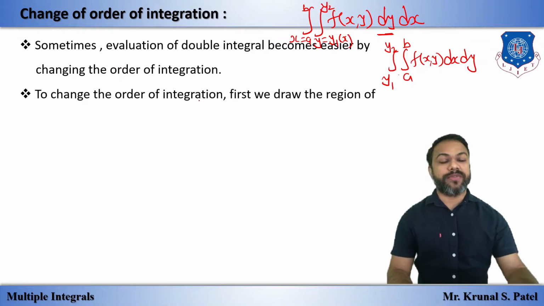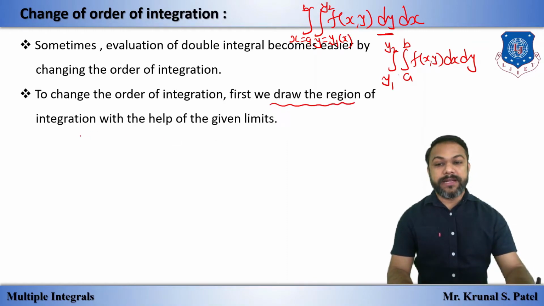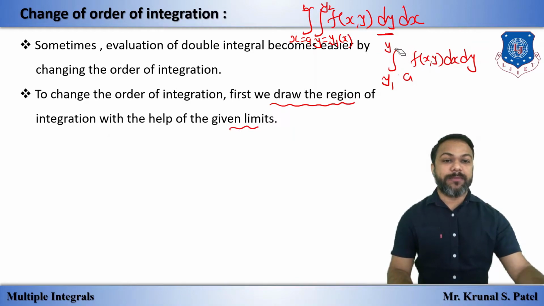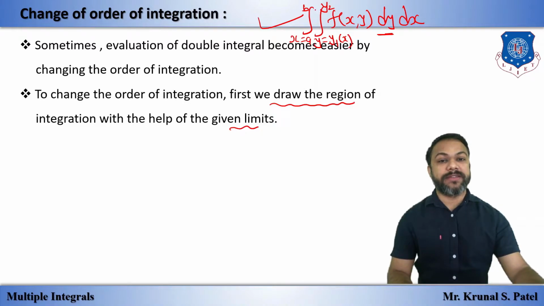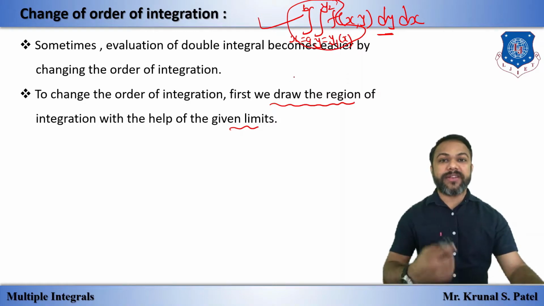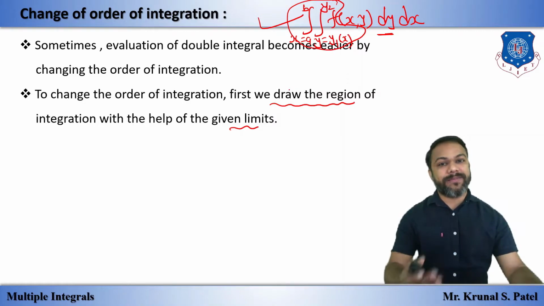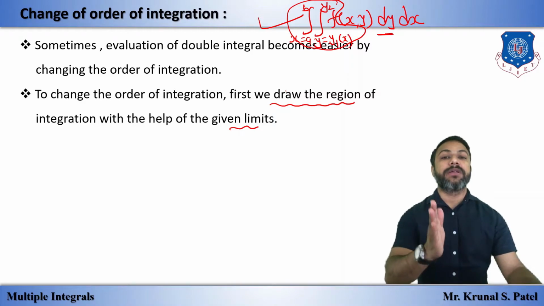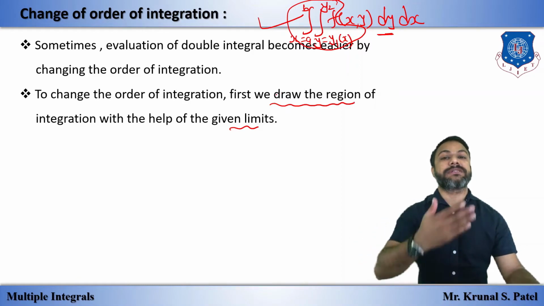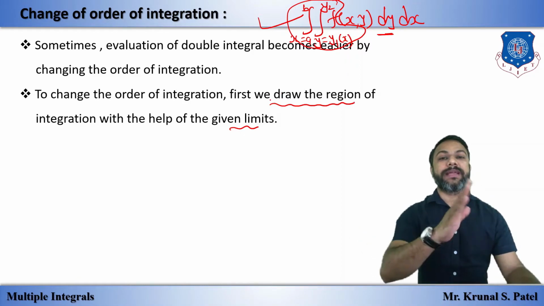To change the order of integration, first we draw the region of integration with the help of the given limits. In that region, if the given strip is vertical, then we make it horizontal, and if the given strip is horizontal, then we make it vertical.